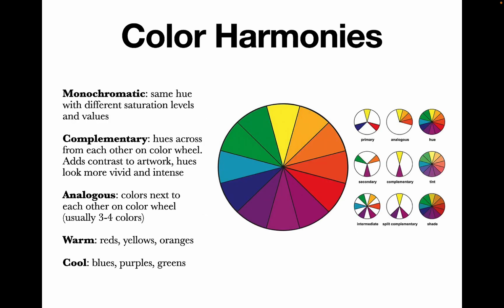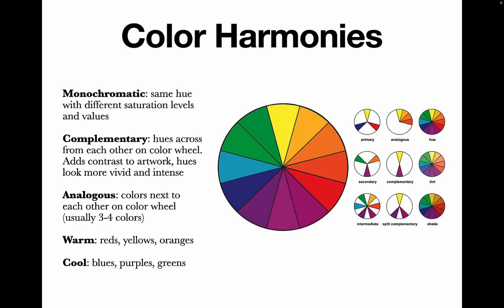These are some well-known color harmonies that artists, designers, and interior designers use all the time, and it just looks good, right? That's why they're called color harmonies. Like a musical harmony sounds good, color harmonies look great together.